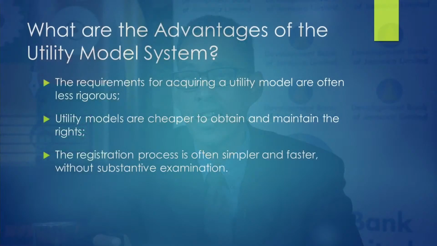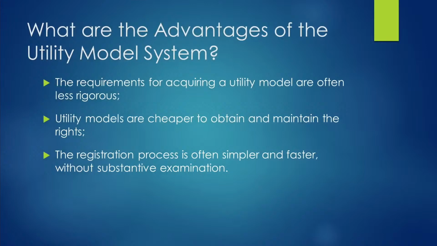Now, the advantages of a utility model is that it is quicker and easier to apply for than a patent, right? The utility model gives you that whole structure of a patent. I think that's the basic advantage of the utility model.